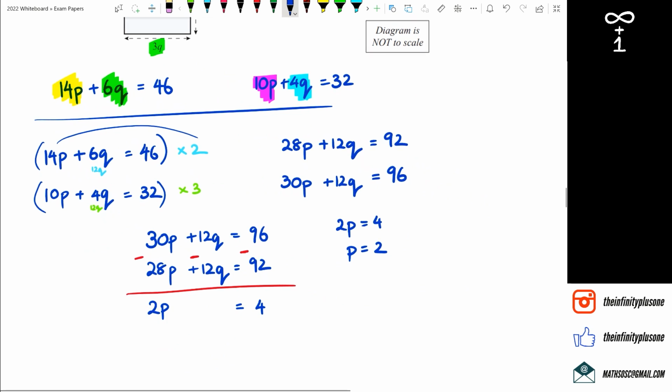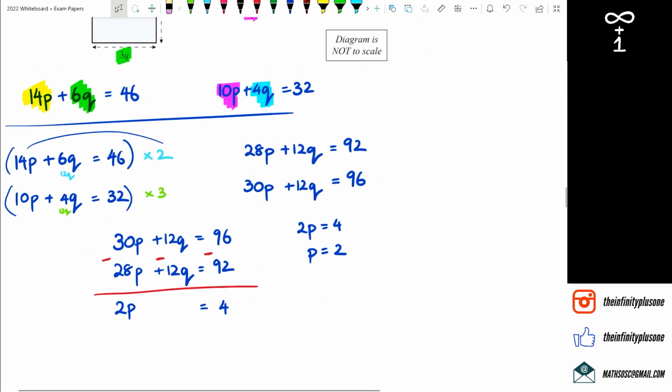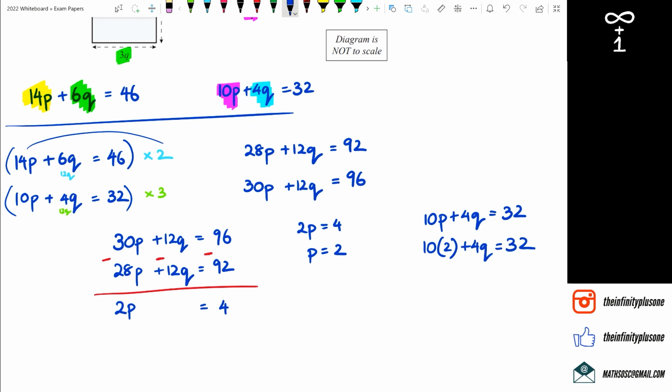And to do that, I can go to any one of those equations. So I'm going to go with that second equation, which is 10p plus 4q equals 32. I've got 10 times 2 plus 4q equals 32. I've got 20 plus 4q equals 32.